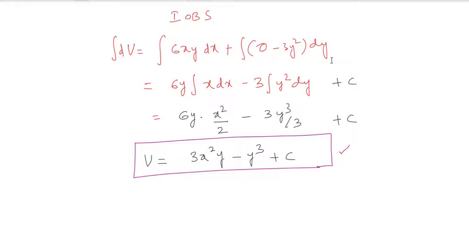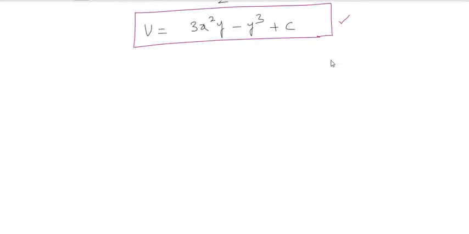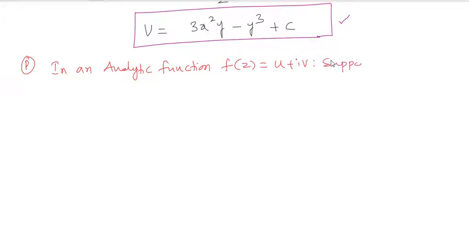Yeah. So let me take one more problem based upon that. In an analytic function f of z is equivalent to u plus iv, suppose v of x comma y is equivalent to x square minus y square plus x divided by x square plus y square.